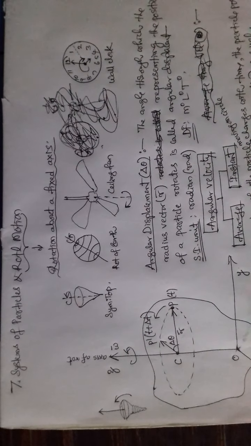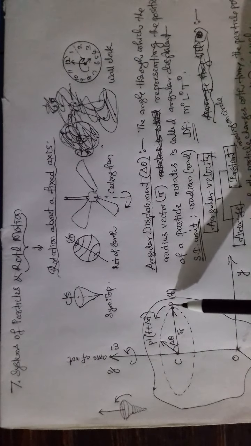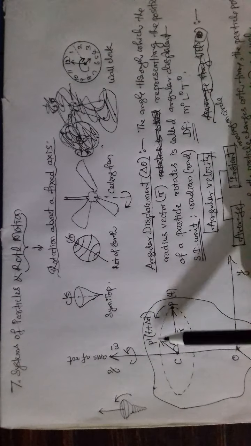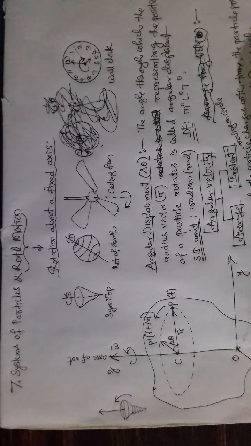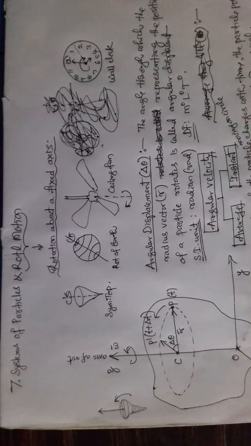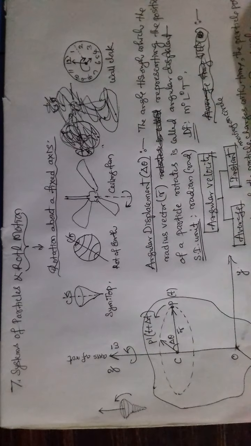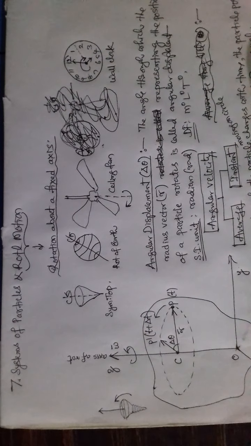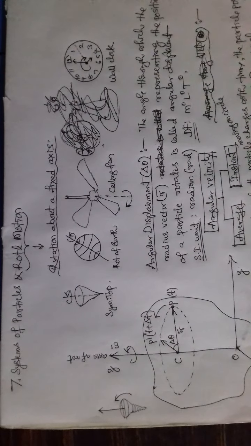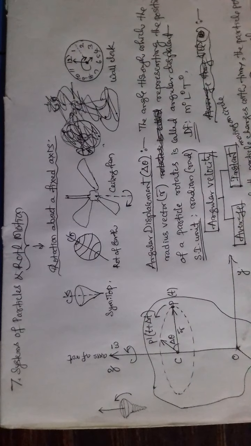It means the time taken for the particle to move from here to here is delta t. So in delta t time, it moved through delta theta angle. In 1 second, it moved through how much angle? 1 by delta t into delta theta.